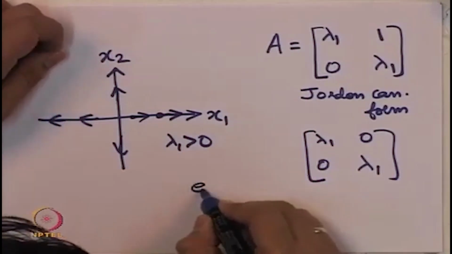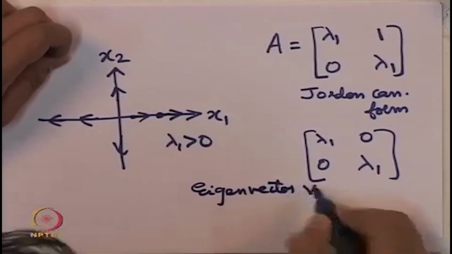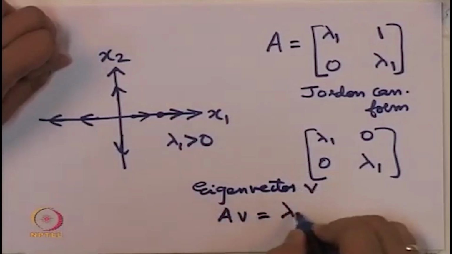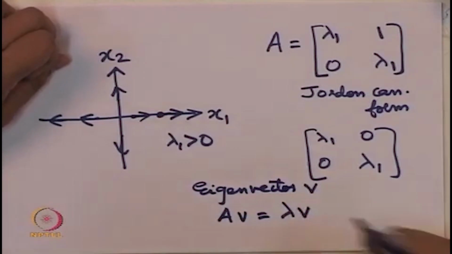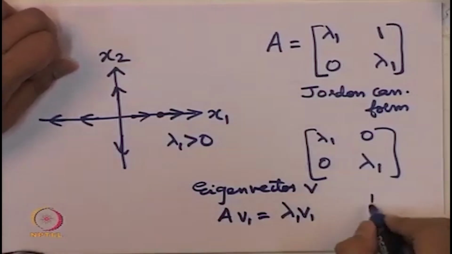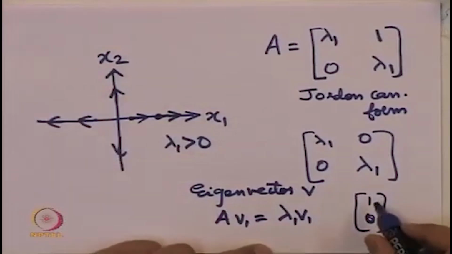Let me repeat, an eigenvector V is a non-zero vector such that AV is just a scaling of the vector V. We are interested in the first eigenvector V1. Eigenvectors are not unique in magnitude.